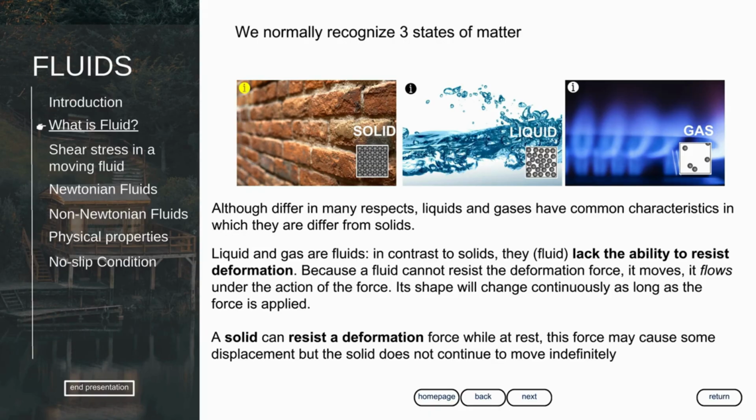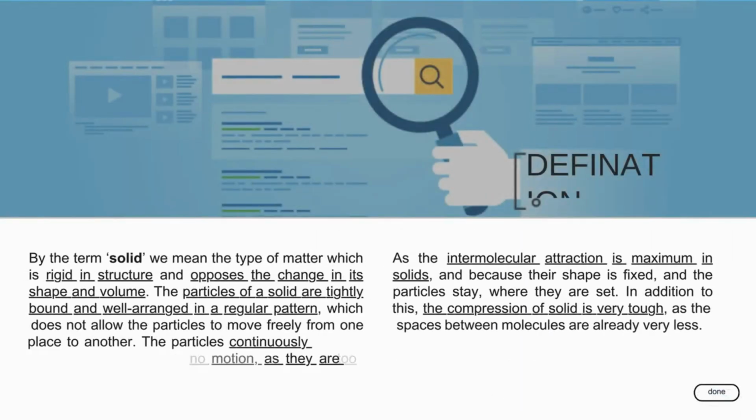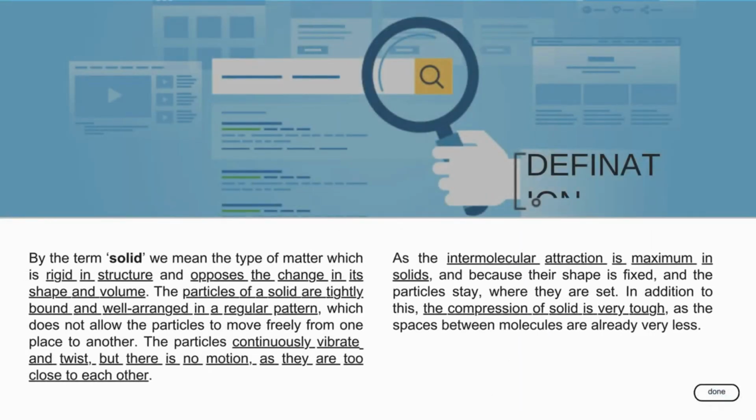Meanwhile, a solid can resist deformation force while at rest. This force may cause some displacement, but the solid does not continue to move indefinitely. So we can conclude that solids have rigid structures and oppose changes in their shape and volume.